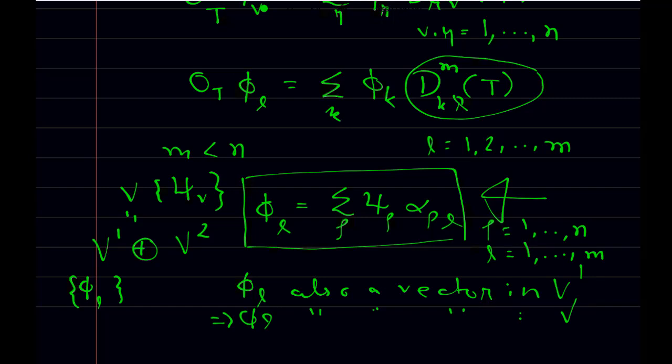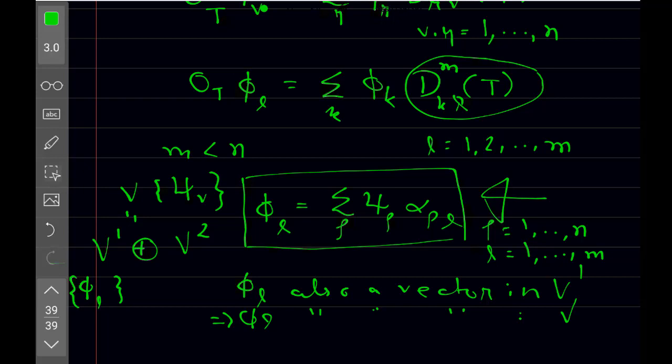Okay, so let me write everything on a new page and explain it in a better way. Let's continue with our group operator T. We learned that if you have an operator, the basis psi of nu can have a matrix representation.